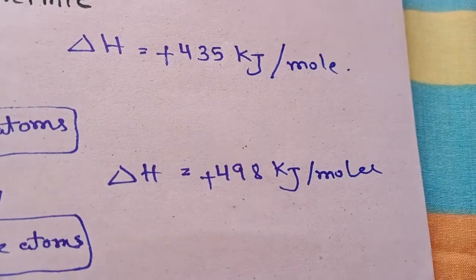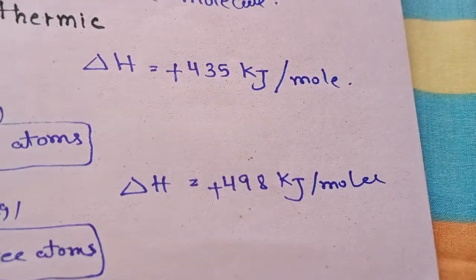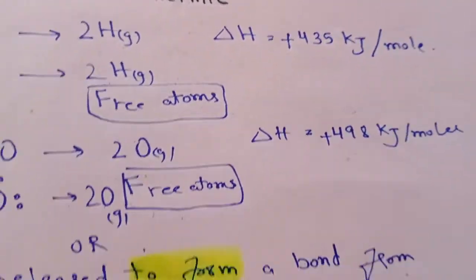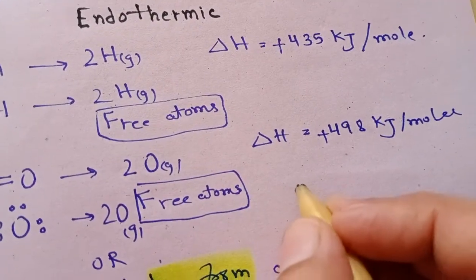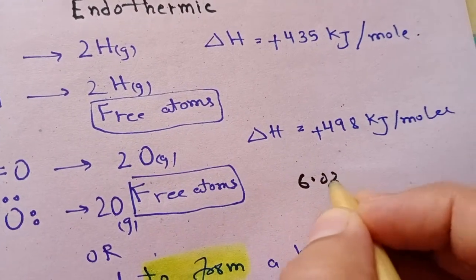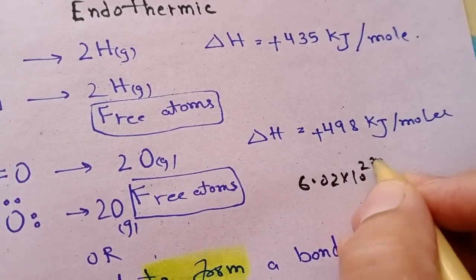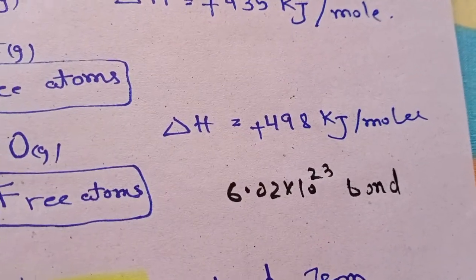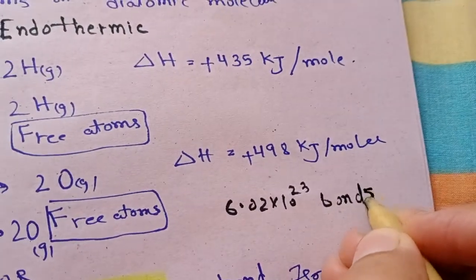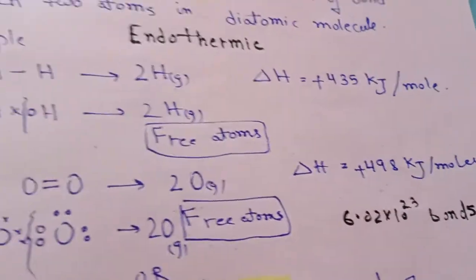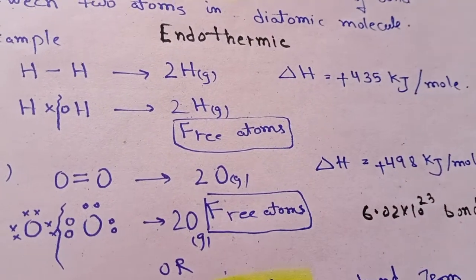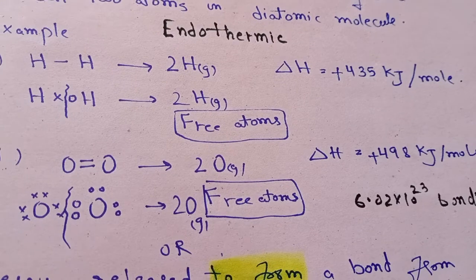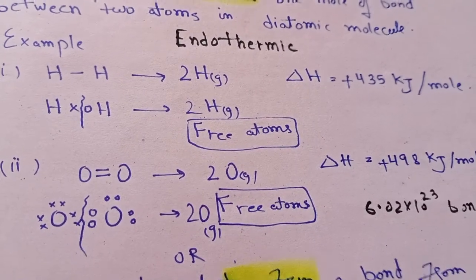We are breaking 1 mole of oxygen bonds, and 1 mole contains 6.02 times 10 raised to power 23 bonds. We are breaking 6.02 times 10 raised to power 23 bonds, because we are talking about 1 mole, right? So with these two examples, you can easily understand that whenever we break a bond, we require energy, and it is an endothermic process.